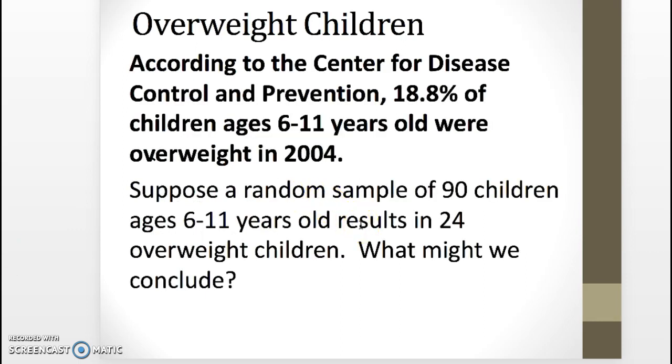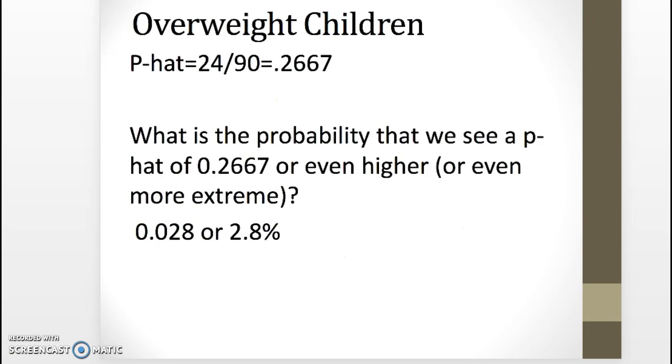Maybe this sample was done in 2010, and we were comparing to 18.8% of overweight children observed in 2004. Well, maybe in 6 years from 2010, the percentage has actually gone up. So maybe we would say, this gives weight to the idea that this 27% would be unusual in light of 18.8%.